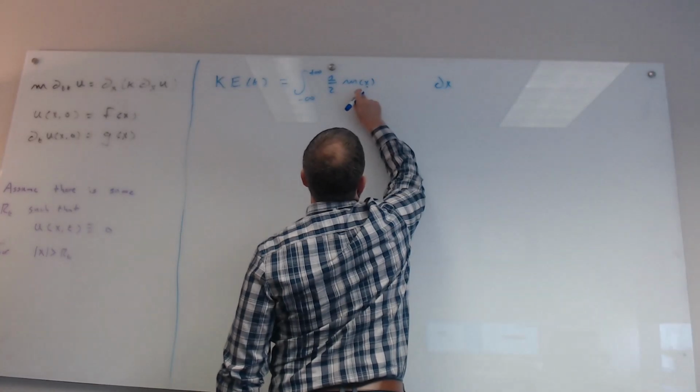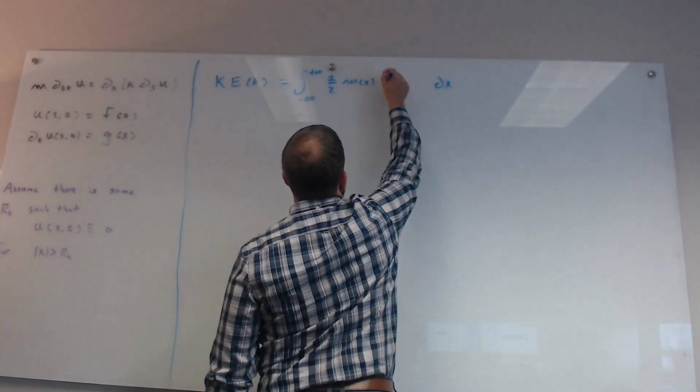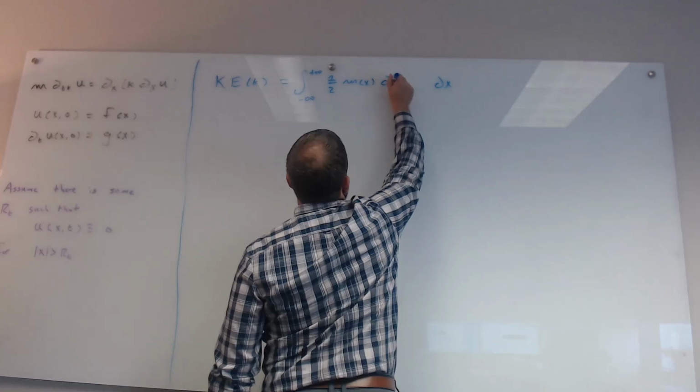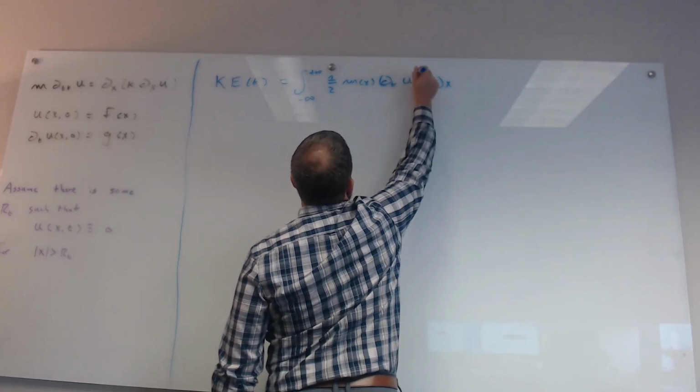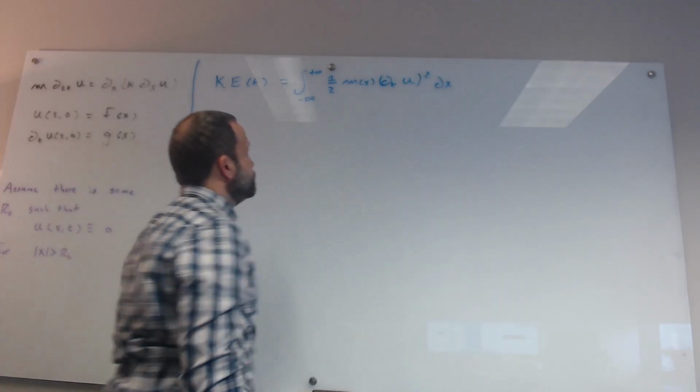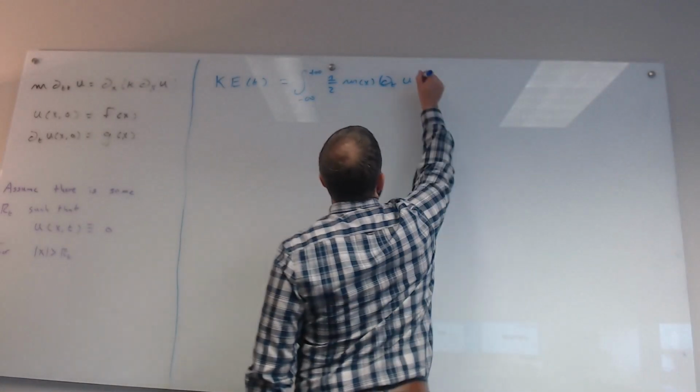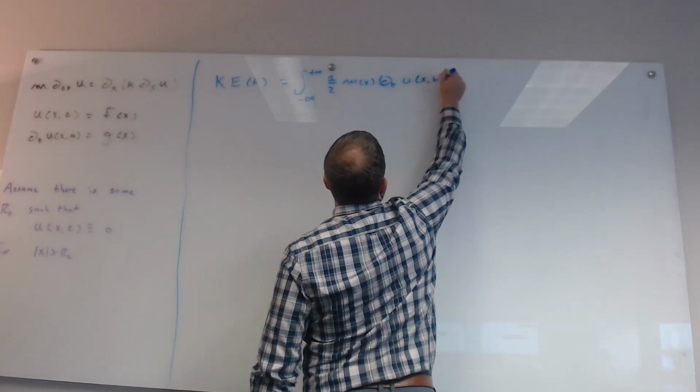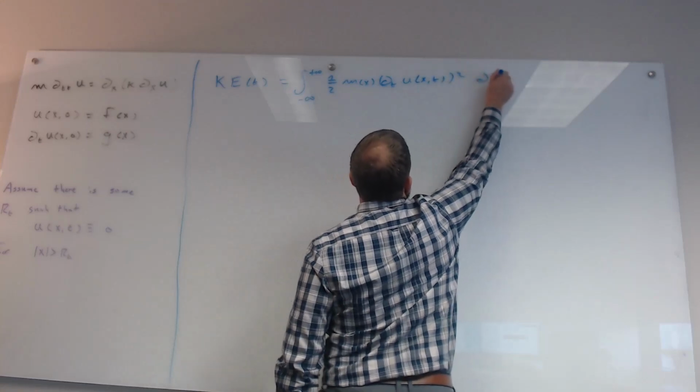M of x is mass density times dx, that gives us mass. And then the velocity is just the t derivative. Let me write the argument here explicitly. This is u_t of x, t squared dx.